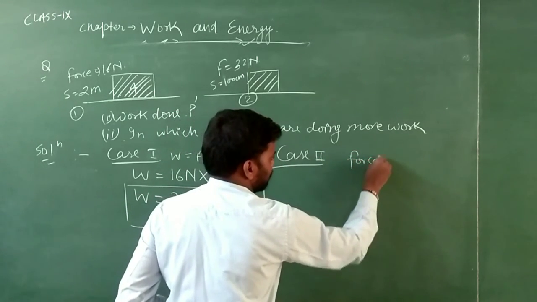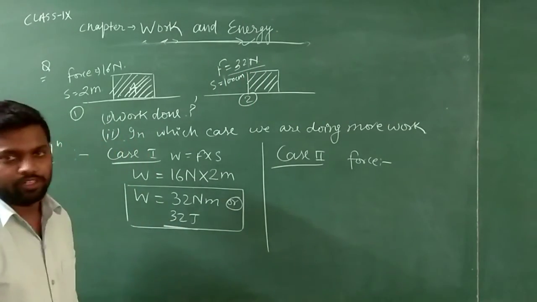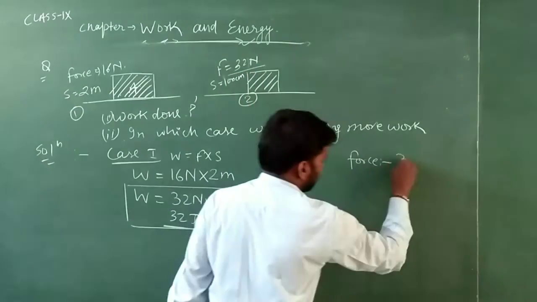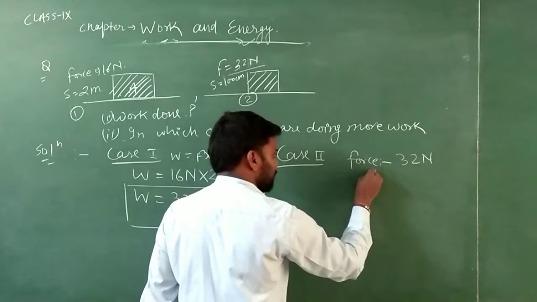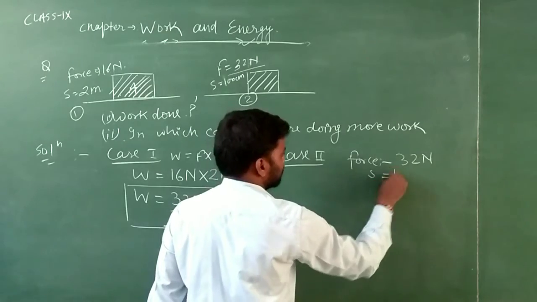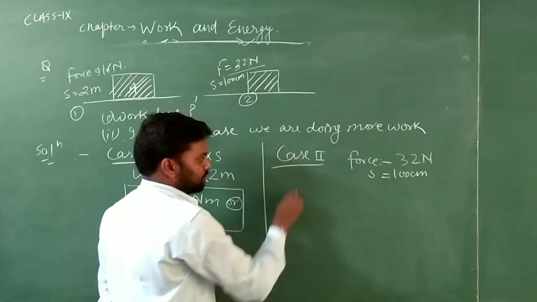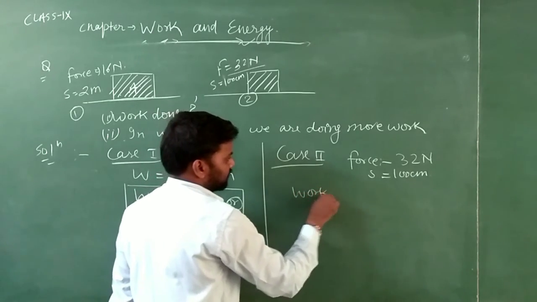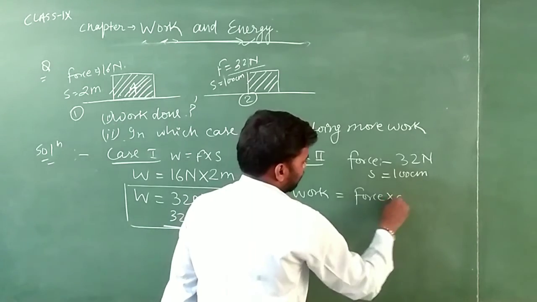what is the force we are applying on the object? It is 32 Newton. So we are applying a force of 32 Newton, and the object is displacing, that is S is equal to 100 centimeter. Now student, we need to calculate the work done, that is work done equal to force into displacement.